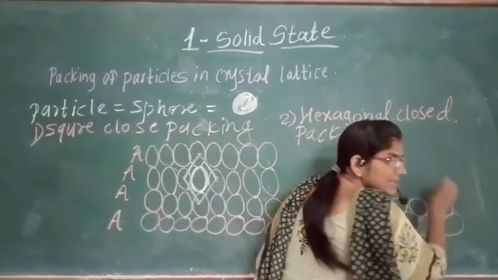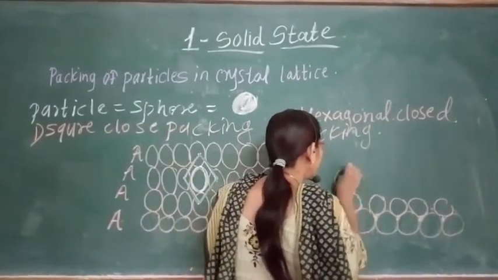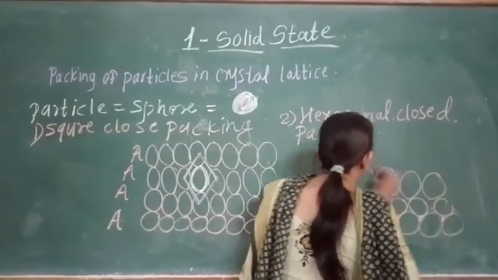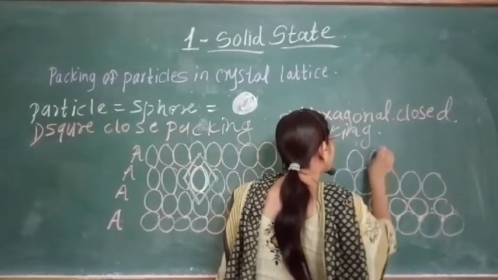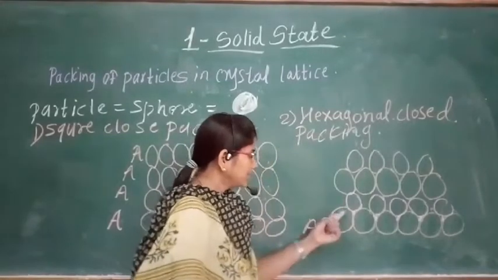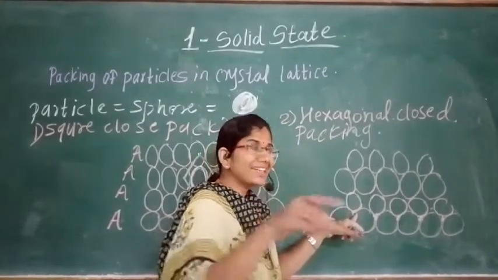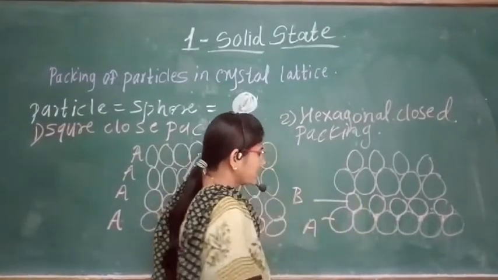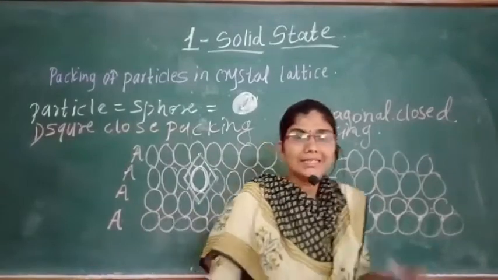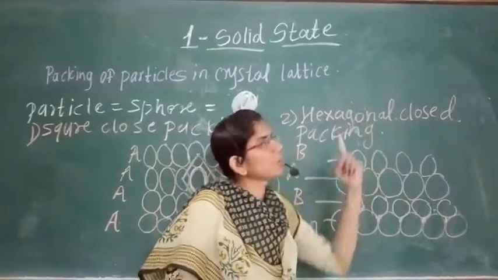Then the third is like A. This is not A because it is present not on the trough, it is present on the depression. The second layer is present on the depression, so it is called B. Here the third is like A, here it is B. So this type of arrangement in two dimensions is called a hexagonal closed packing.